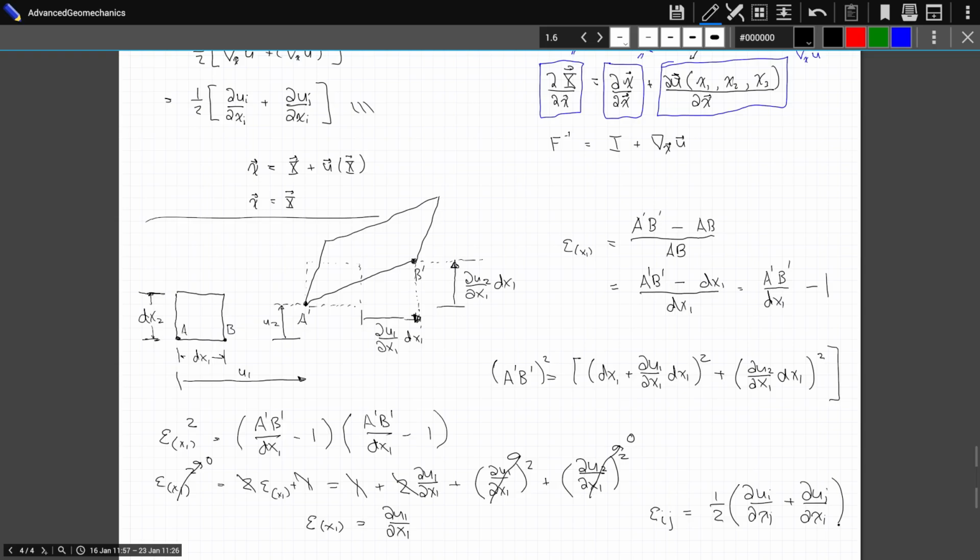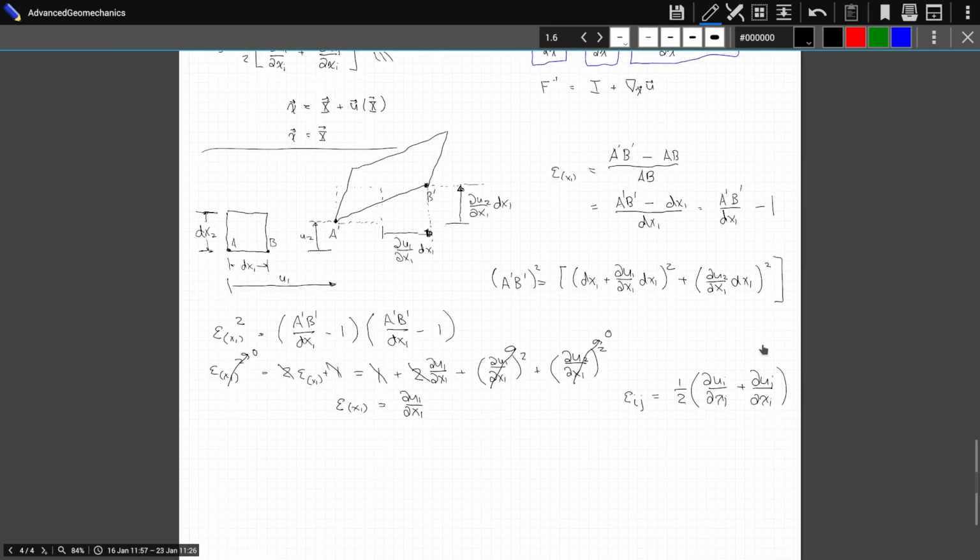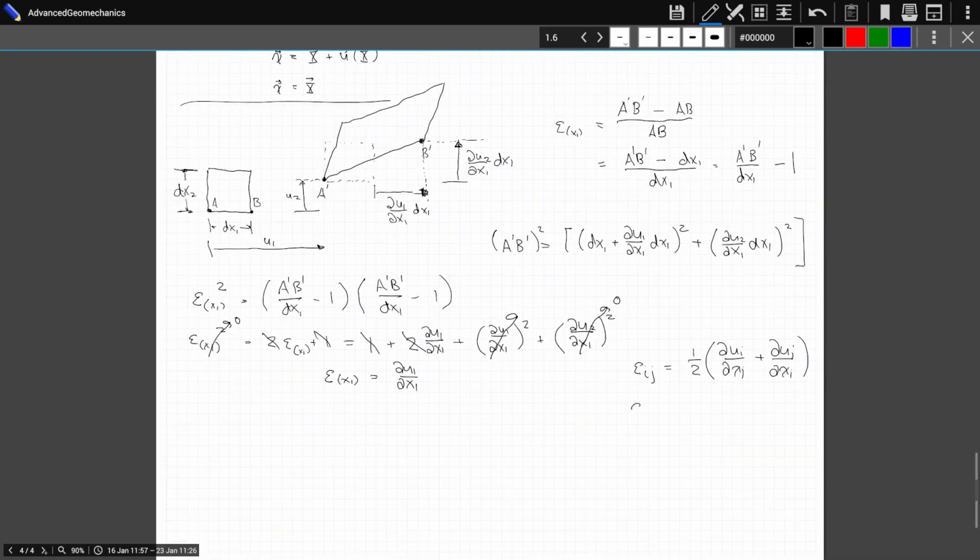Okay, and again, if we look at what the 1-1 component is, well, this is U1 X1 plus U1 X1, which is then 1/2 times 2 partial U1 partial X1, right? The 1/2 and the 2 cancel, and you get partial U1 partial X1, right?